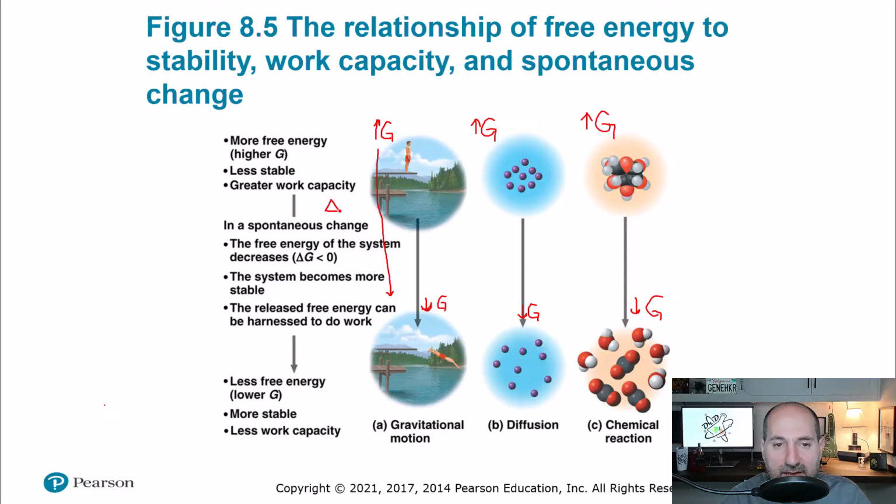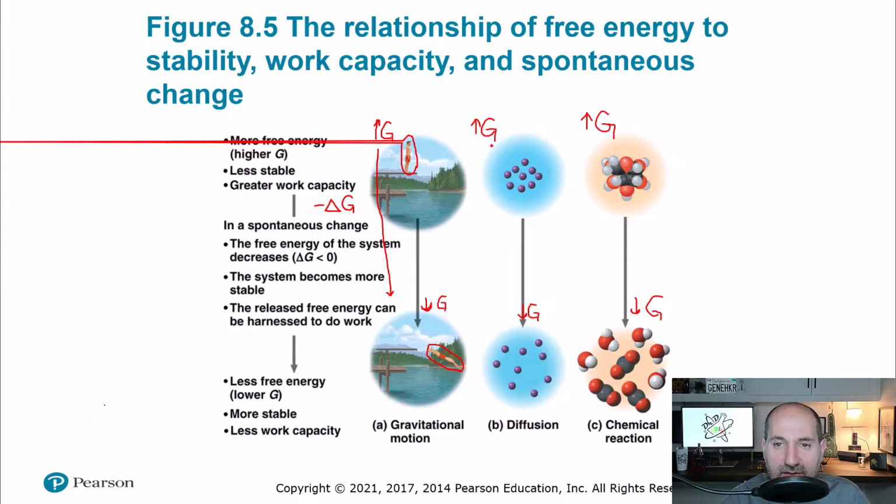The change in G is what? Let me ask you this. When you go from a high free energy state, like the man on the platform, to a low free energy state, like the man in the water, how does that affect your change in G? Well, you went from a high G to a low G. Does that make sense? So your change in G was a negative change in G.